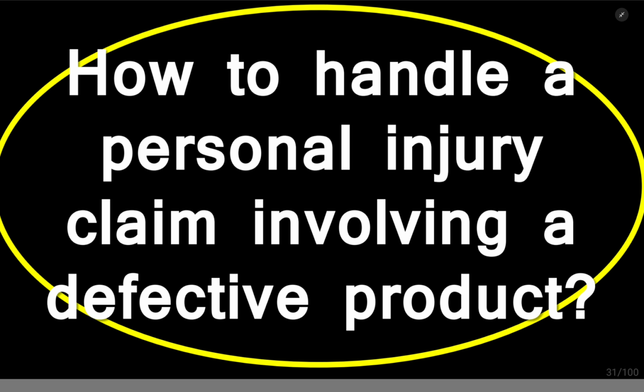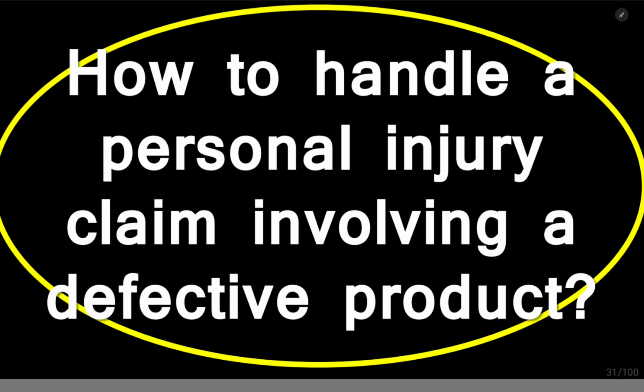And marketing defects: issues like inadequate warnings or instructions that lead to misuse or accidents. Victims of defective products can seek compensation from manufacturers, sellers, or other parties in the supply chain.